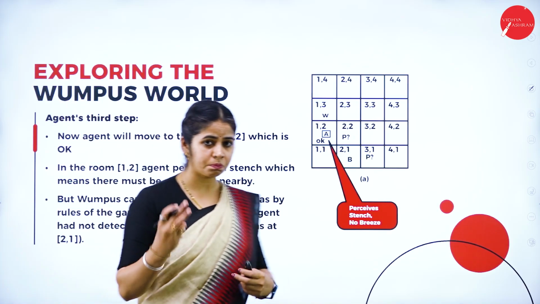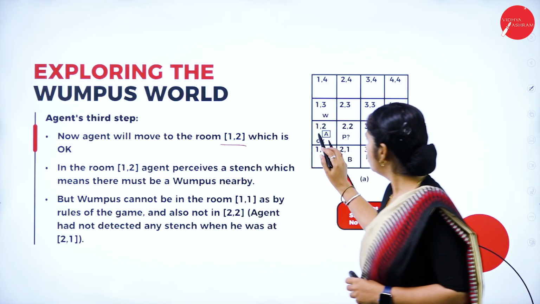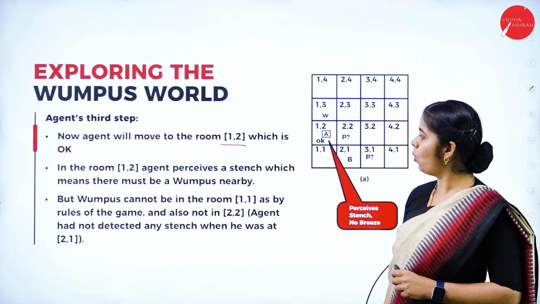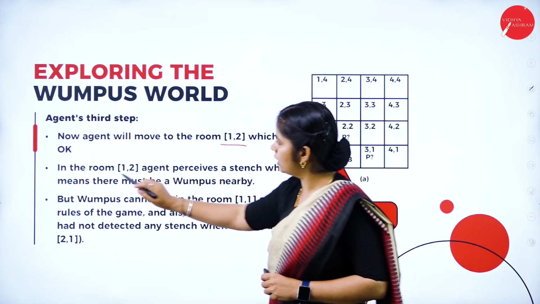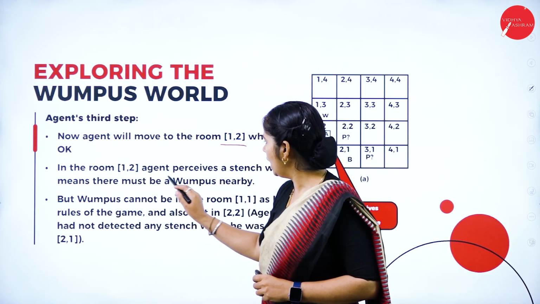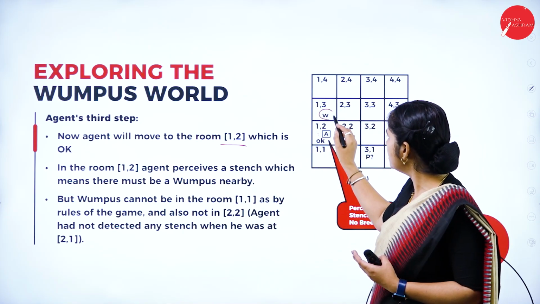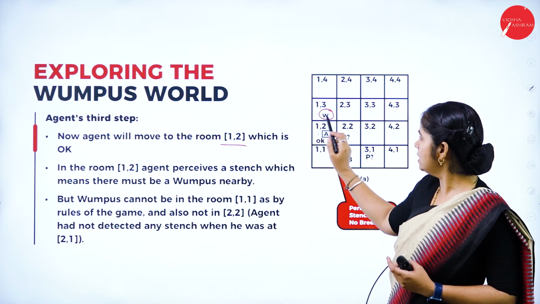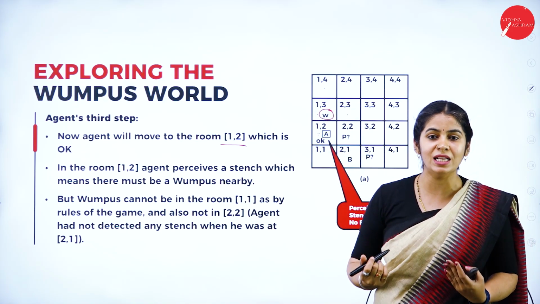At the third step, he'll visit 1,2. The agent is now in 1,2, which is an okay state. In room 1,2, the agent perceives the stench smell because we have a wumpus here. Whenever the wumpus is there, adjacent cells will have the stench smell.